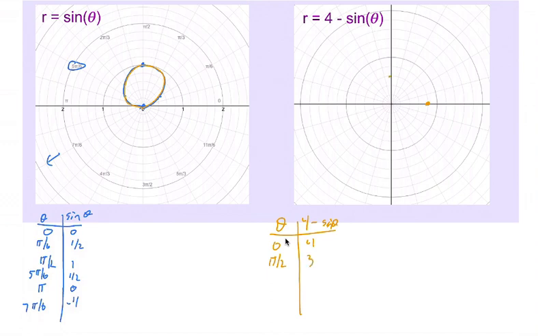So we start at 4, we get as low as 3, because we're subtracting 1, and then by the time we get back to pi, we're back up at 4 again. Along the way, if you wanted to, sine of pi over 6, so pi over 6 is this direction, that would be 4 minus 1/2, which is 3.5, so we would be here.